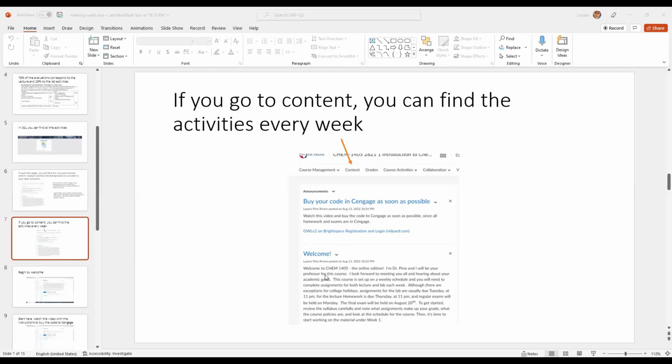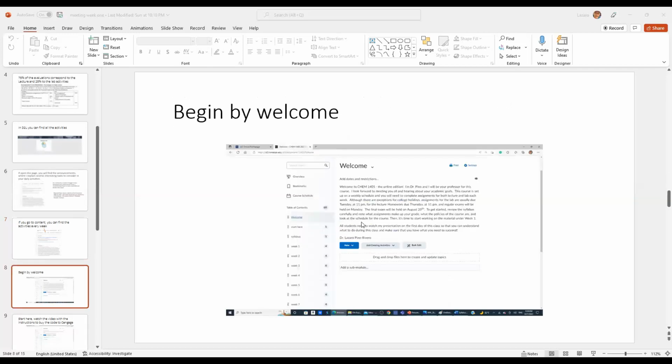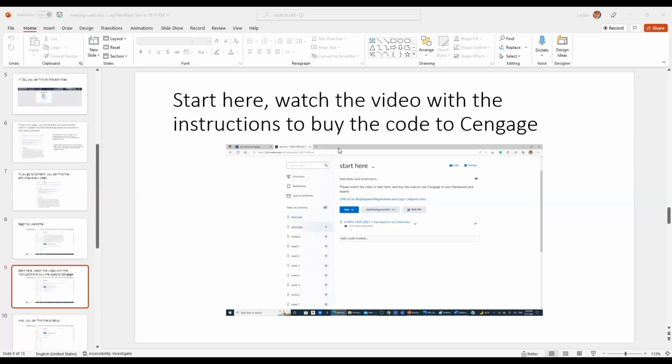Well, let's begin here. You have the instruction to buy the code in Cengage, and also you have a very short introduction. As you can see here, you have the introduction, and also in the start here, you have the instruction to buy the code for Cengage.